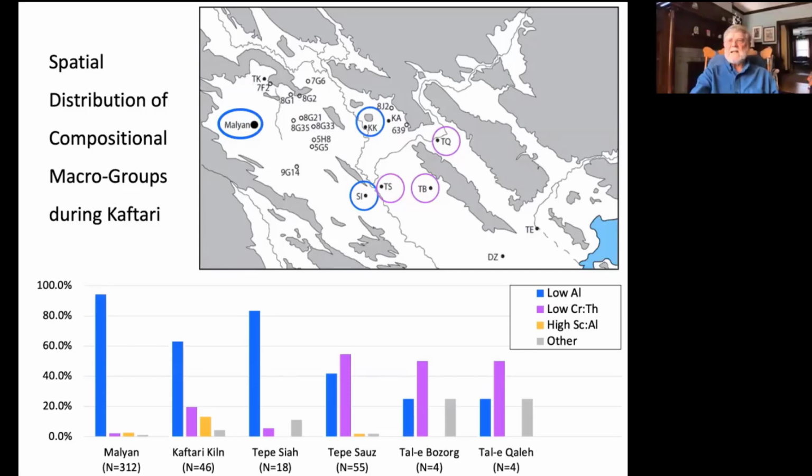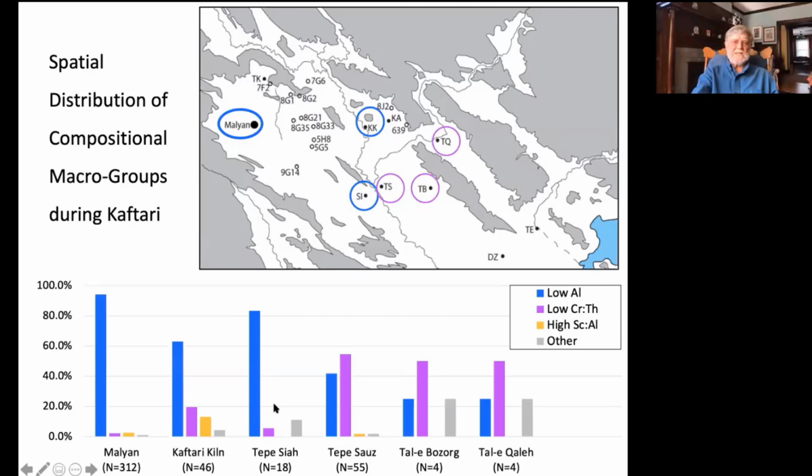We're looking at Kaftari pottery, and we see that the low aluminum macro group shows up in all of the sites, but it's much less common in the sites to the south of the Sivand River. So these three sites, Calais, Bozorg, and Soz, are predominantly the low chromium thorium group.